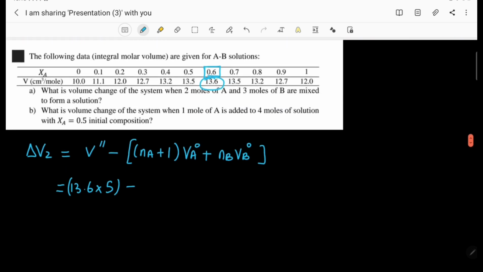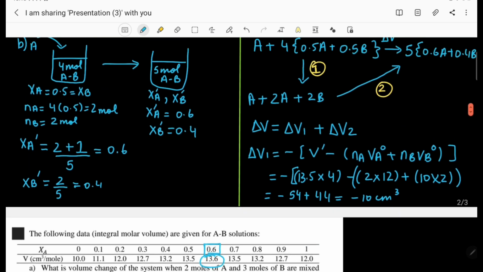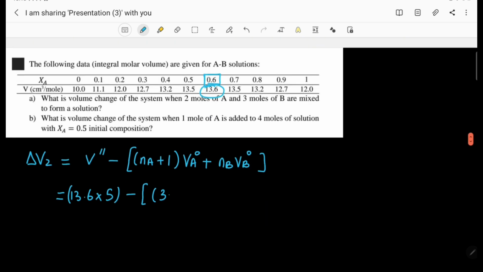Now minus 3, as it's the number of moles of A in the final solution, as we saw over here, multiplied by our pure component volume, plus 2 multiplied by 10. This gives us 68, minus all of this gives us 56, and this comes out to be 12 cm cube.